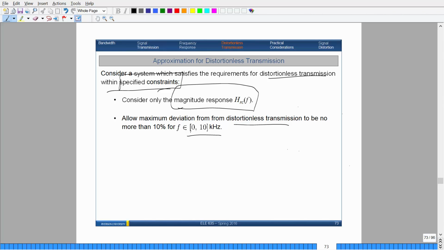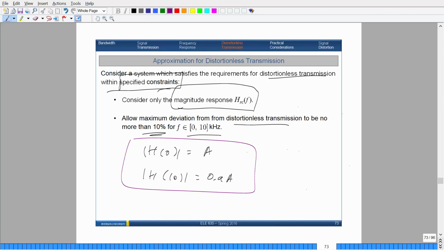What I mean here is that if H of f has some gain, we'll call this A, H of 0 equals A. If I substitute H of 10 kilohertz, this can't drop by more than 10%, which means that it can only go down to 90% of what it was before, so 0.9A. So the transmission has no more deviation than 10%.